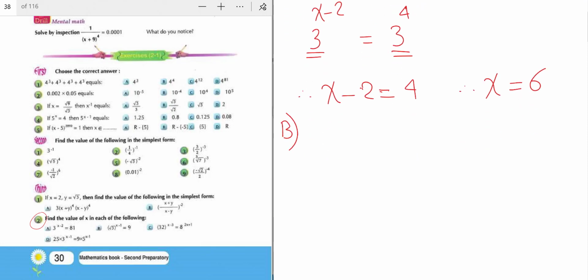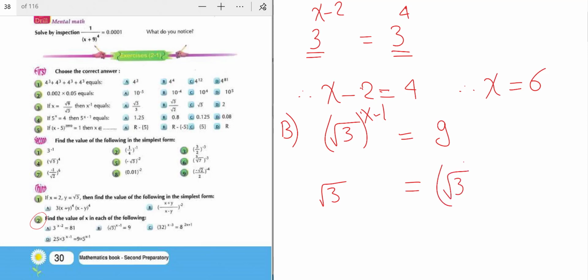Number B: root 3 all power x minus 1 equals 9. Convert 9 to base root 3 power 4, because root 3 power 2 equals 3.